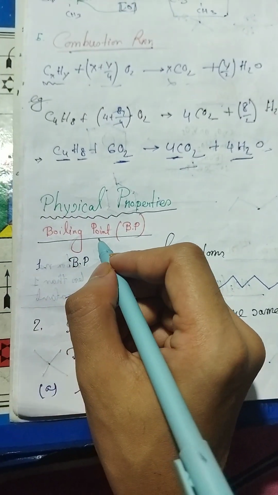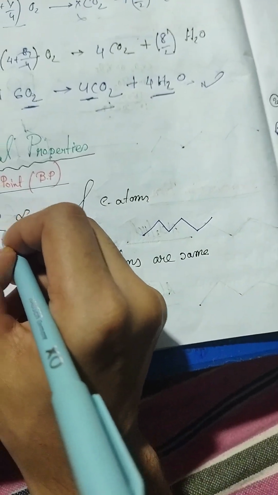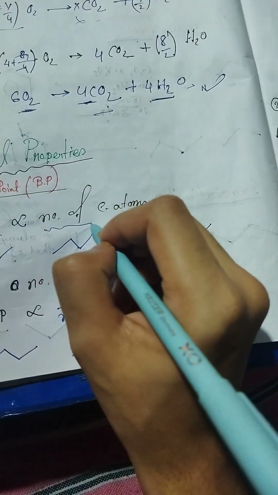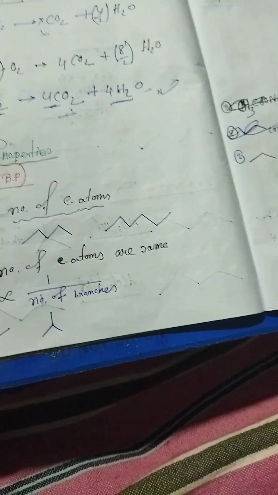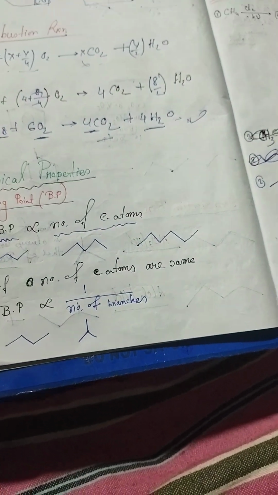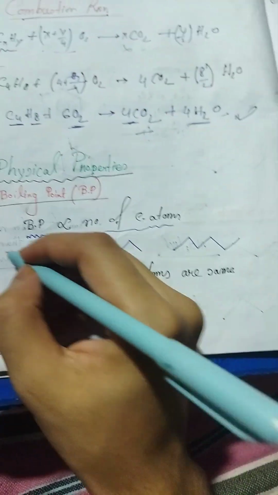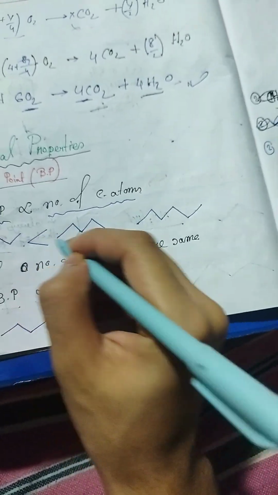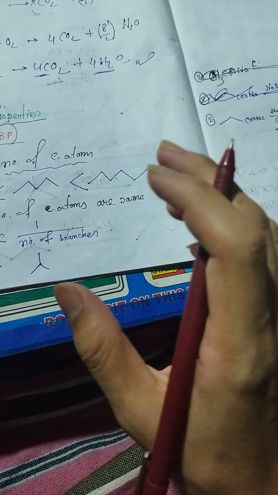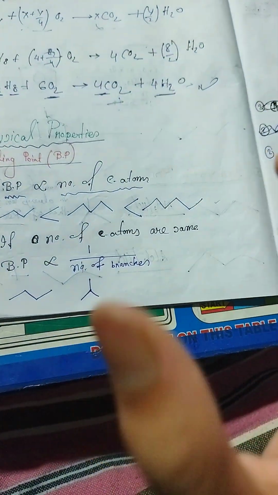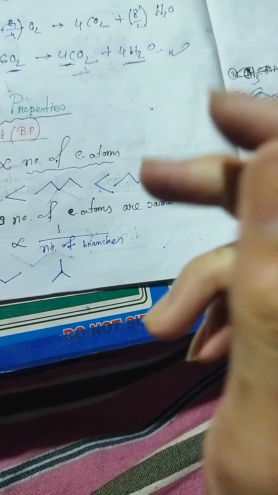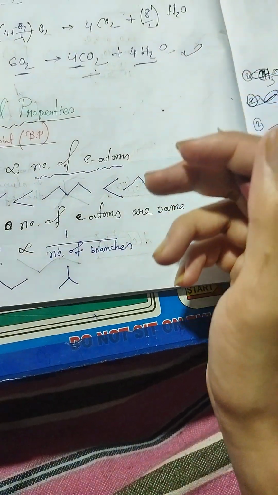First talk about boiling point. Boiling point is proportional to the number of carbon atoms. If the number of carbon atoms increases, the boiling point also increases. The example is, if the number of carbon atoms is the same, then boiling point is inversely proportional to the number of branches.